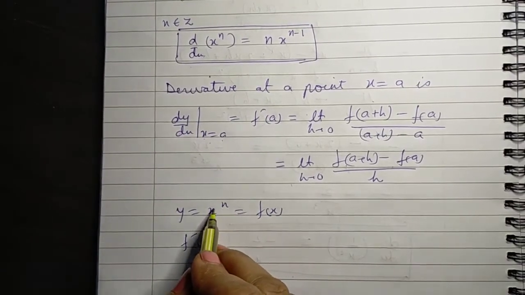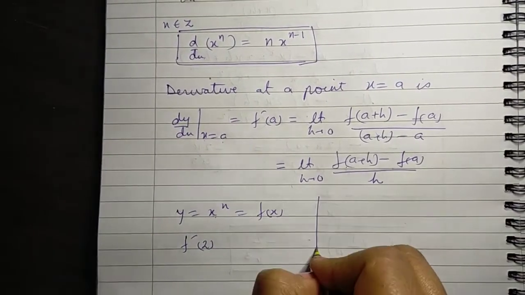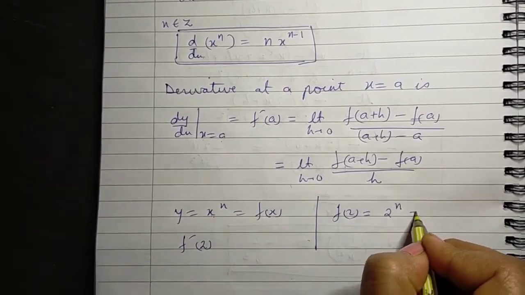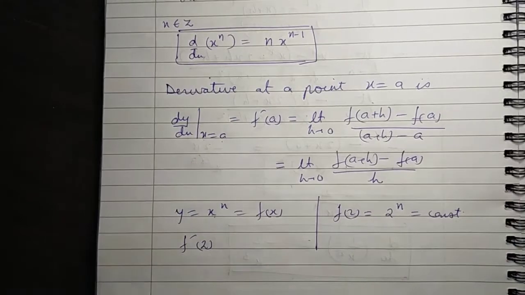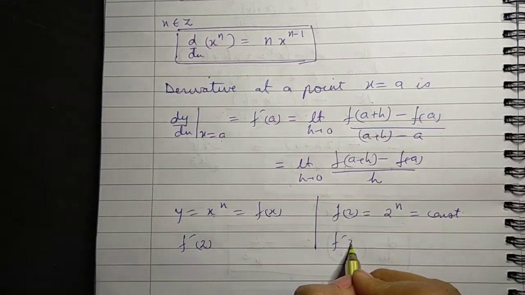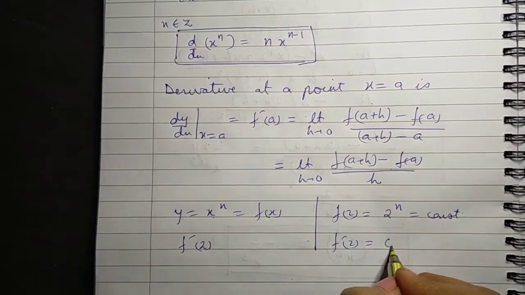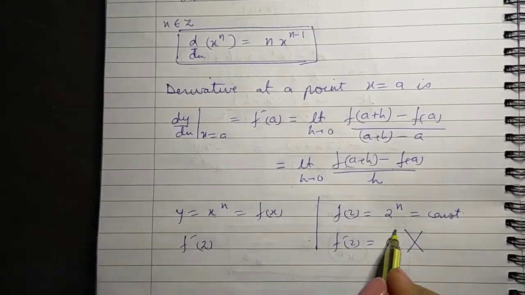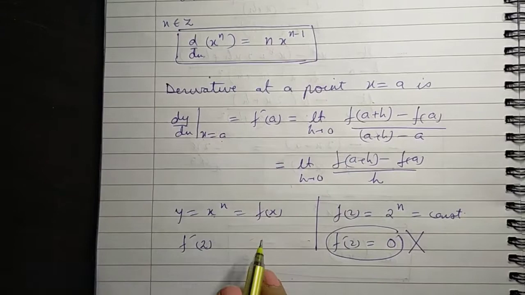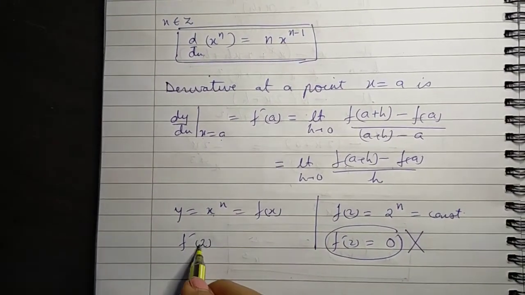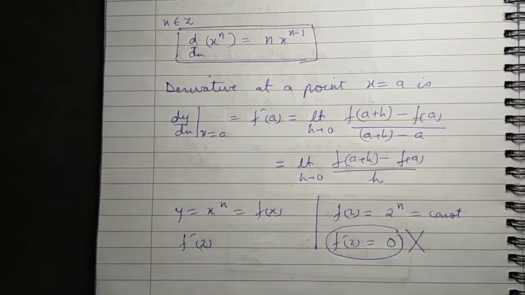Otherwise, if you first put 2, we get 2 raised to n, which is a constant, and when you find the derivative, it becomes the derivative of a constant, which is 0. But this is wrong. What we mean is, you first find the derivative at an arbitrary point and then put x equal to 2.